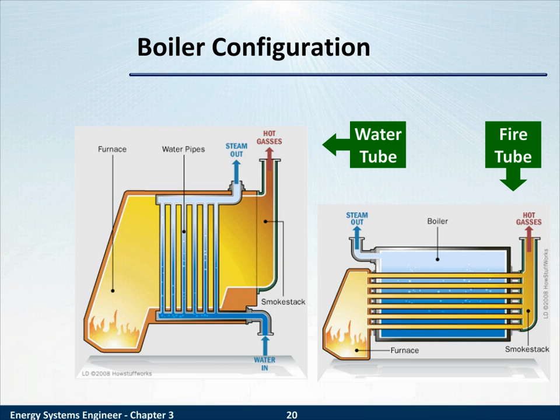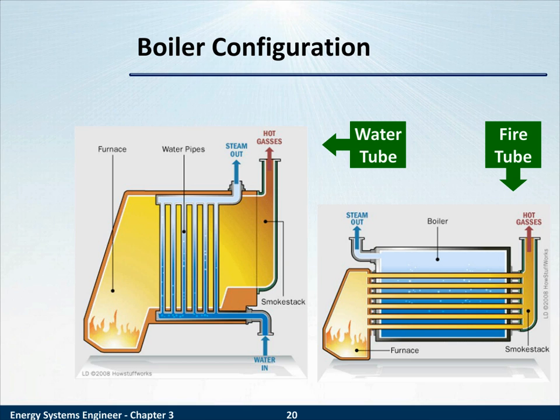These are meant just to show you the basic difference between water tube boilers and fire tube boilers. Again, in both, boilers are used to produce hot water and steam for domestic purposes, for process water purposes, and as we came into this topic, to generate hot water for your HVAC heating coil.